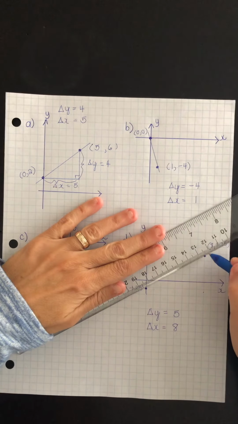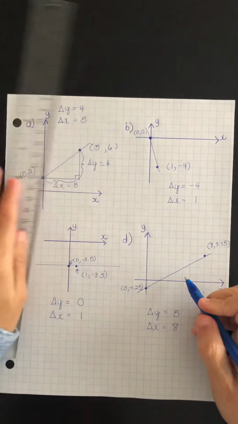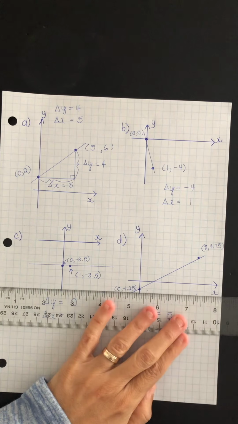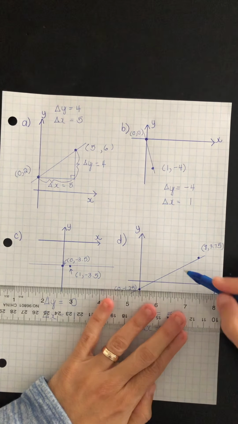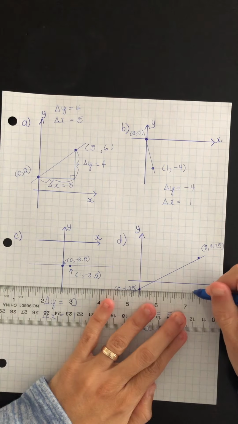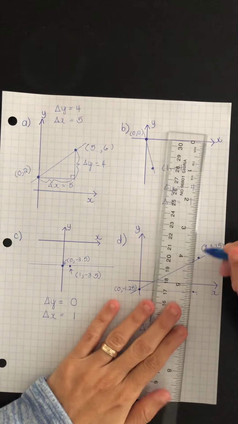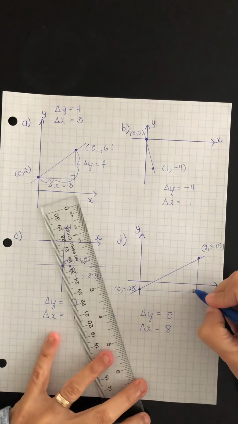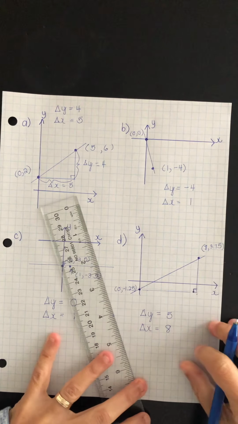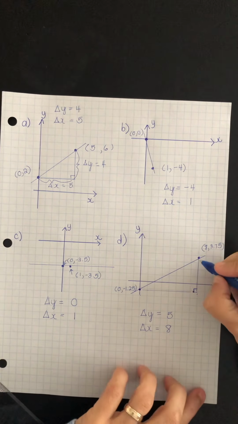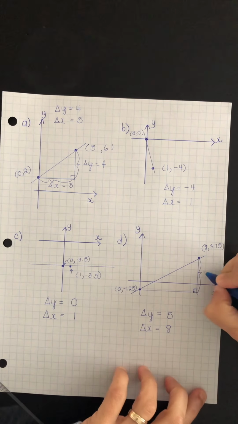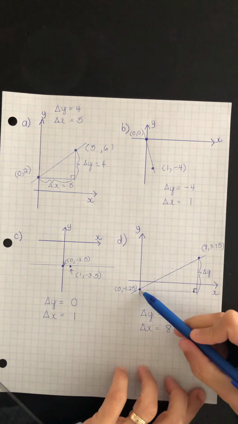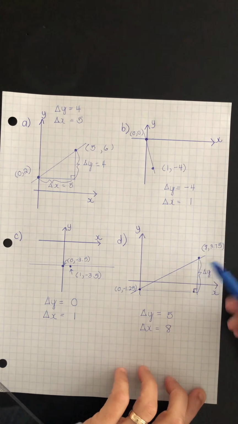Okay, connect them. And then you're all set. And again, just to show you one last time, if you want to be doing your triangle thing like this, then you would say, okay, change in y from negative 1.25 up to 3.75.